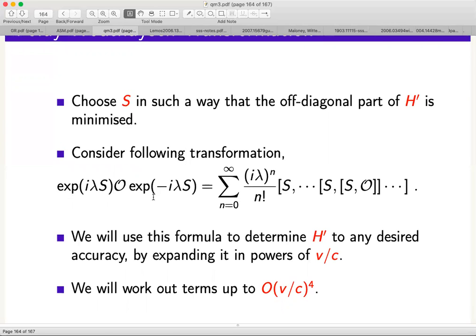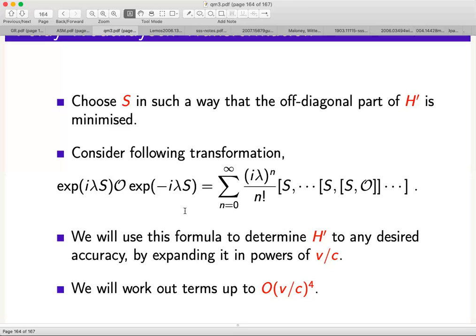So this expression is an infinite series with nested commutators. All you need to do is expand e to the i lambda S and e to the minus i lambda S, take the product and collect terms which involve the same power of lambda. That is the easy way of doing it.